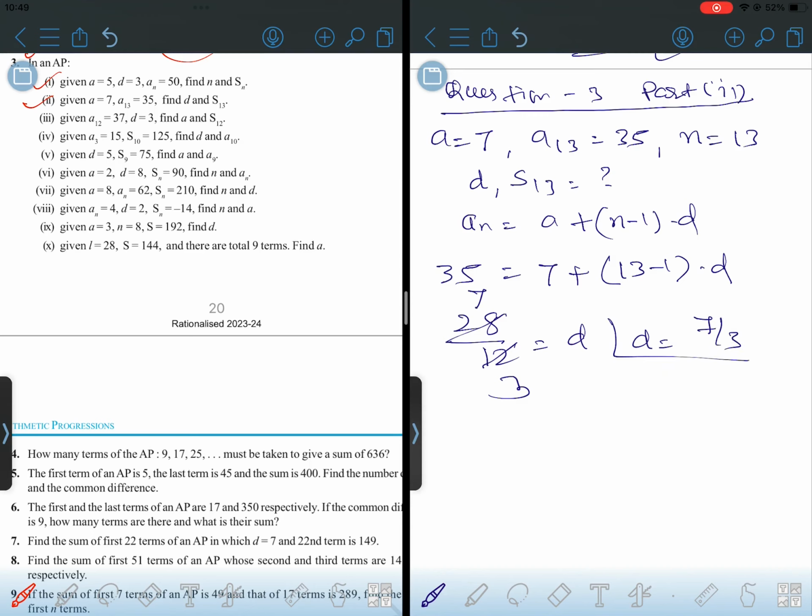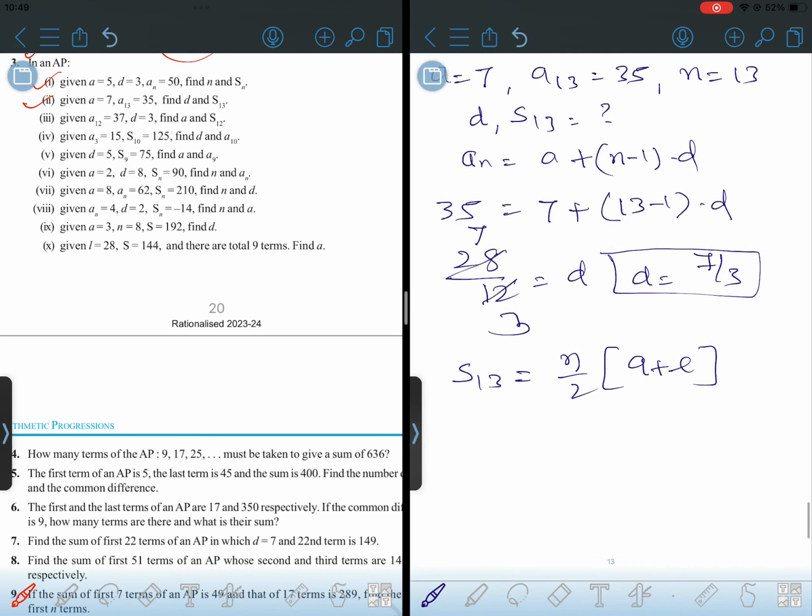So first answer we have achieved. Now for the second answer we have to find the sum of 13 terms, S13. We have the first term and last term, so there is no need to utilize the full formula. We can say S13 is equal to n by 2 in bracket a plus l, where a is the first term and l is the last term.